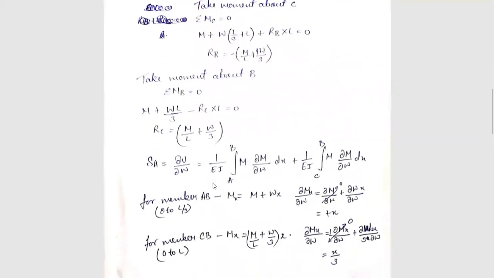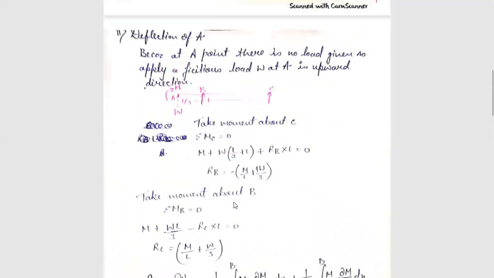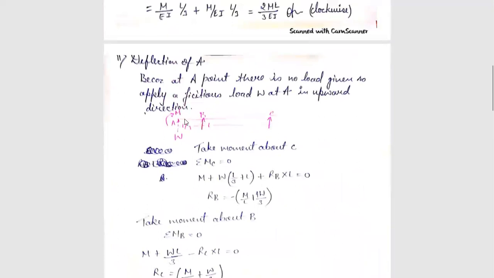Then for the deflection formula, delta A equals del U upon del W, which is 1 upon EI, AB member, M into del M upon del W dx, plus 1 upon EI, CB member, M del M upon del W dx. For member AB, 0 to L by 3 is the limit.